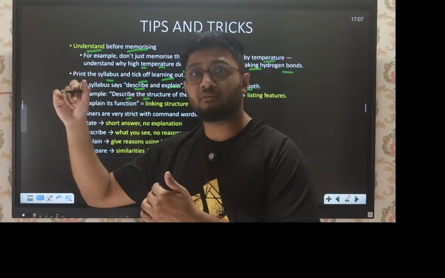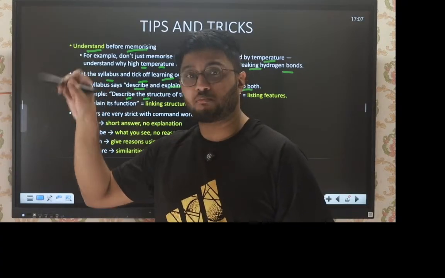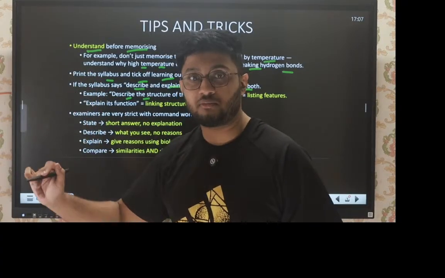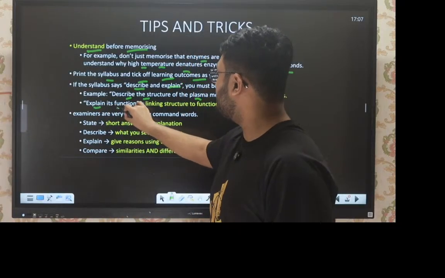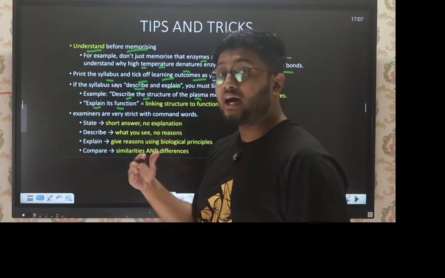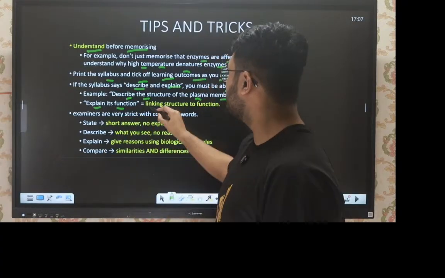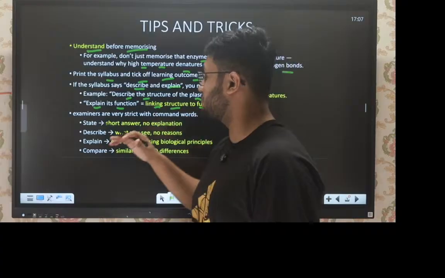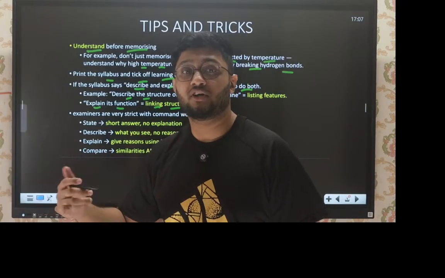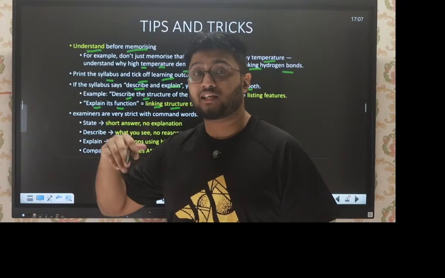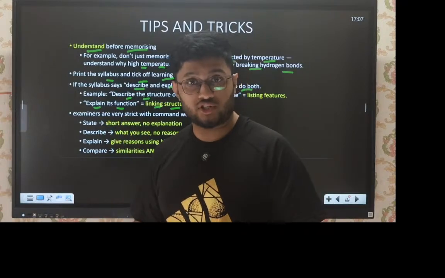Point out the points in bullet form, like how you list features. And here, look here, explain its function. When they ask explain, you have to link the structure to the function. Explanation is not about listing points. It's more about writing elaborately on that question.